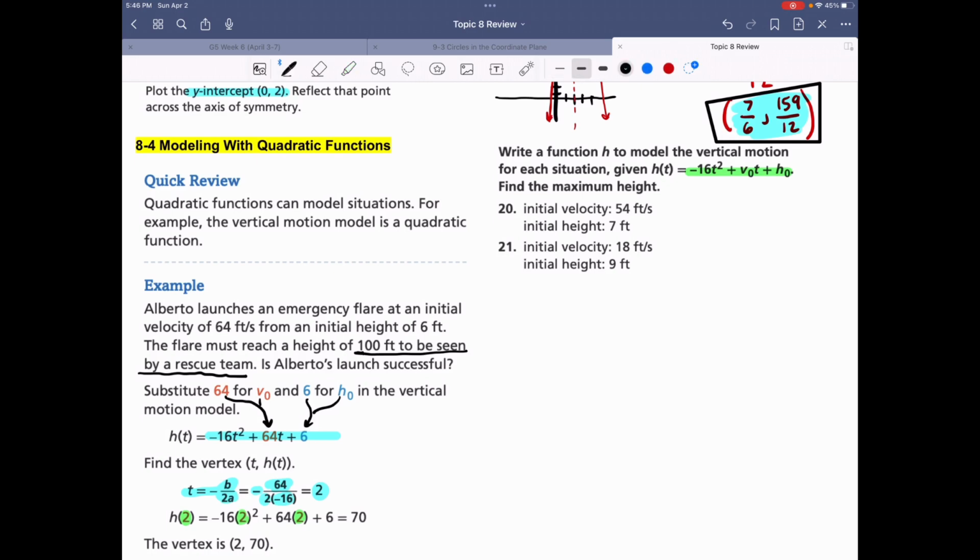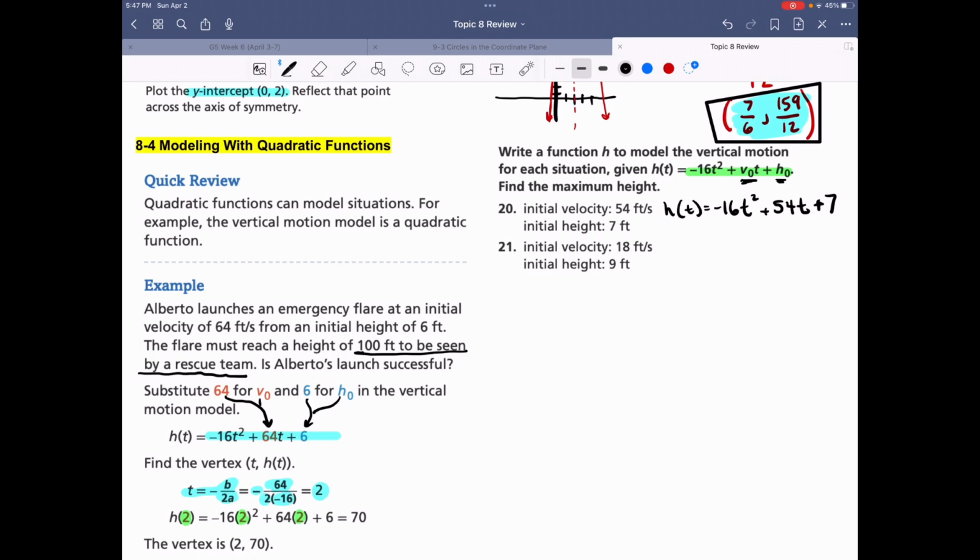So we're just using that formula. h of t equals negative 16t squared, because that's our variable t for time, plus the initial velocity, which is 54, and then we need the variable t with that one, plus the initial height, and there is no variable t with the initial height.